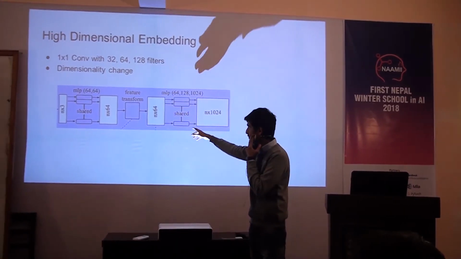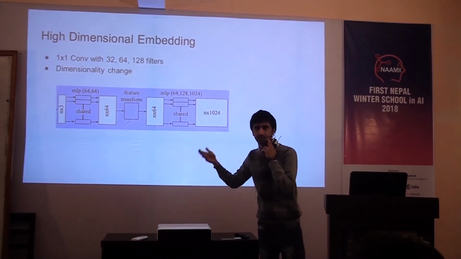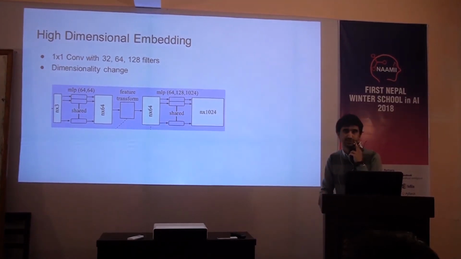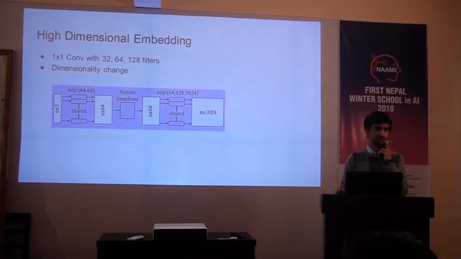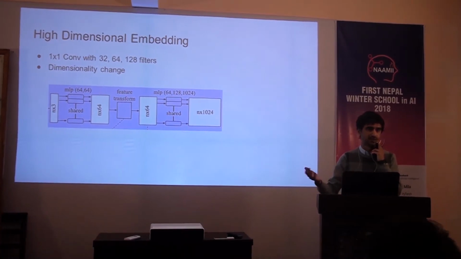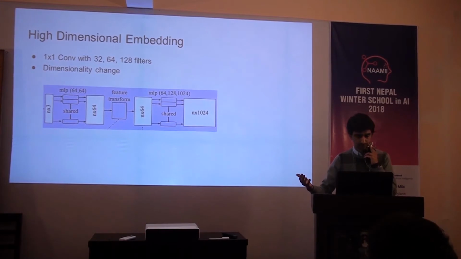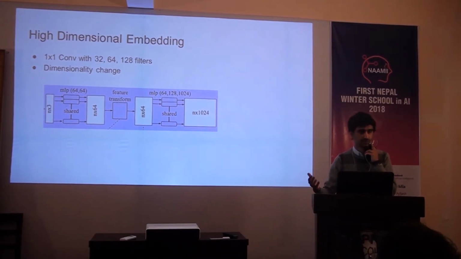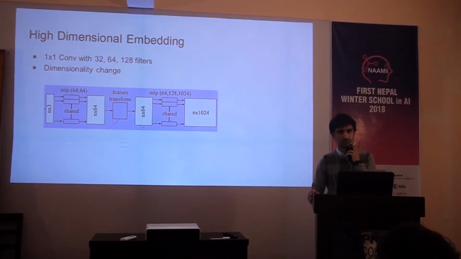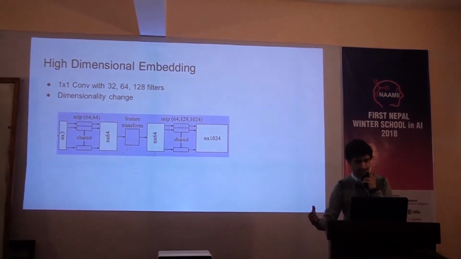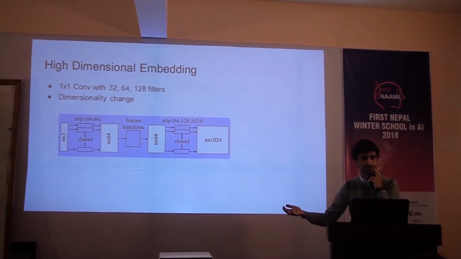And then again, we want to do a number of these one-by-one convolutions. How many depends on how complex your data is and how much data you have. For example, if you have a lot of data, you might be willing to build more complex or deeper networks with lots of filters. If you don't have enough data, then it's not worth it, right?